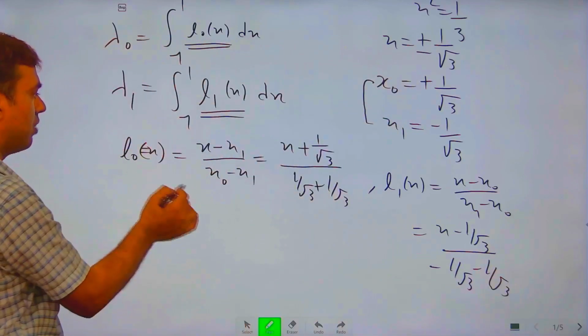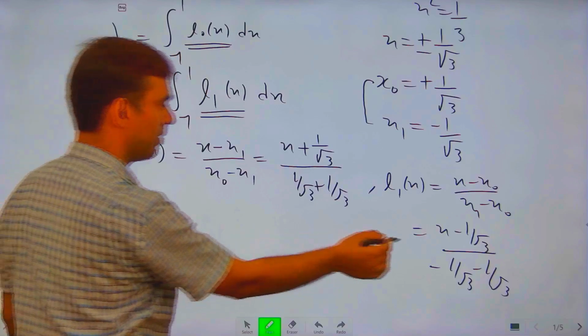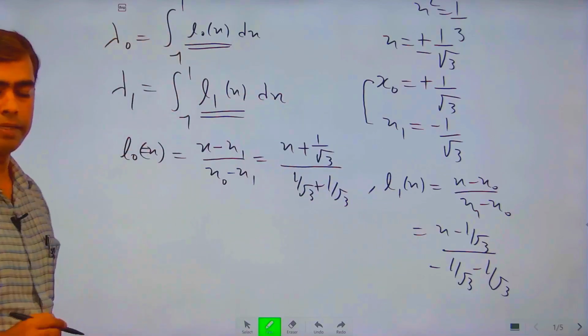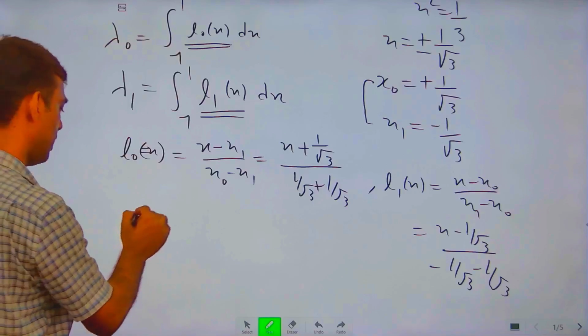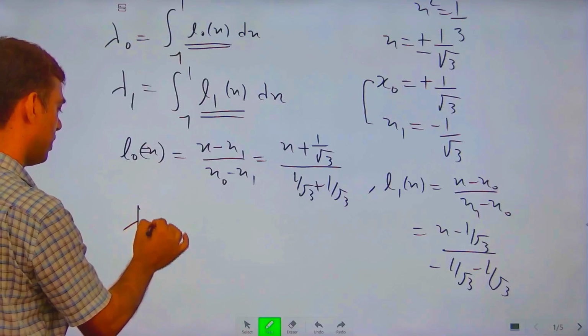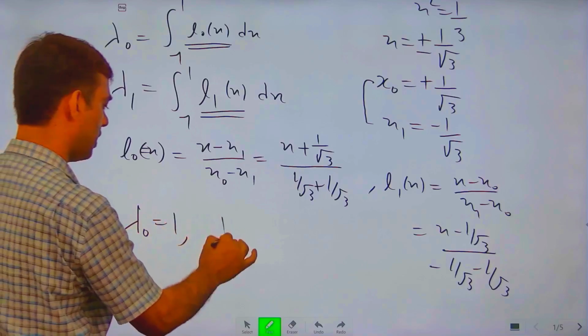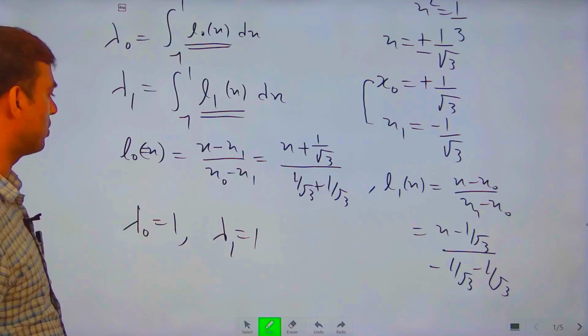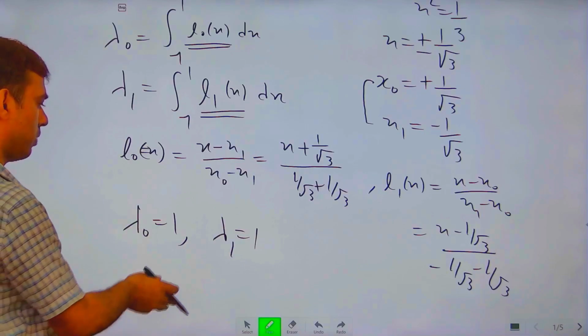If we put the values of L0(x) and L1(x) and simplify, we get lambda 0 equal to 1 and lambda 1 equal to 1.